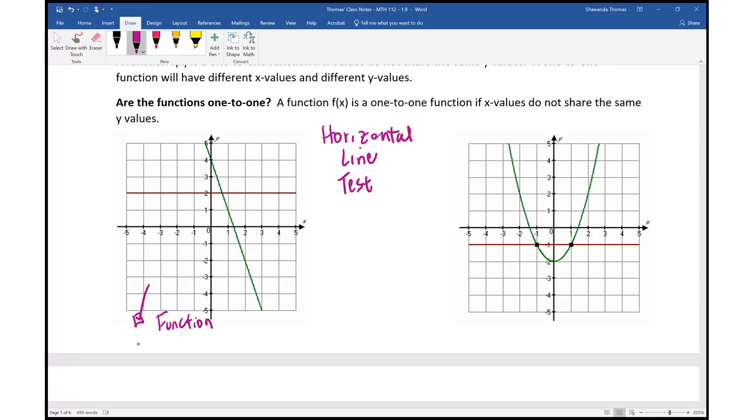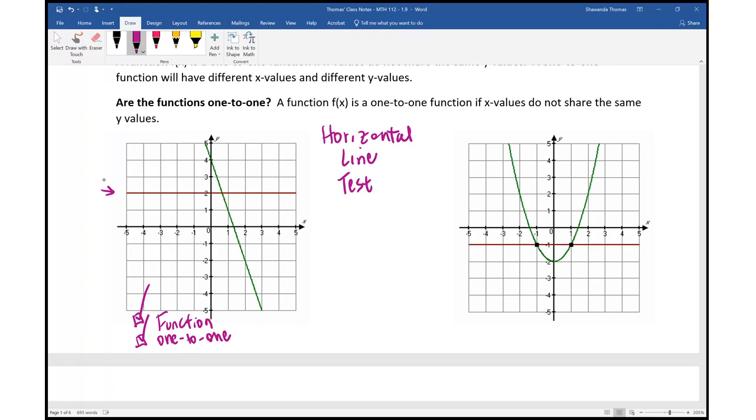Now, question is it a one-to-one function? Yes, it also passes the horizontal line test, you see, there's a horizontal line. So again, if it only touches the graph once, it passes the vertical line test and the horizontal line test, right?